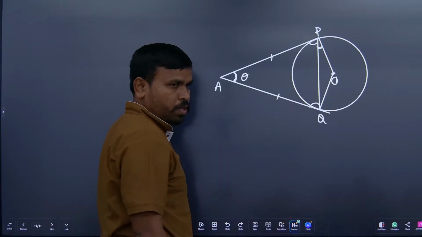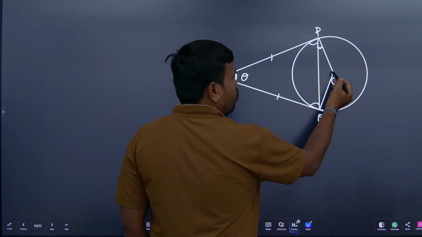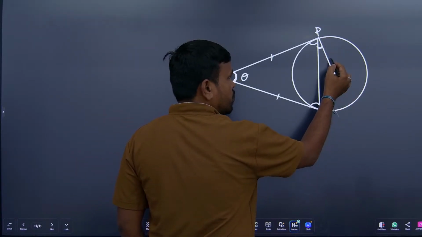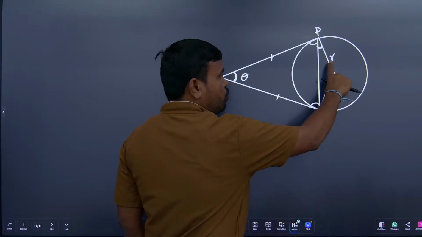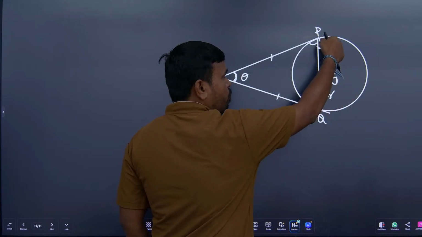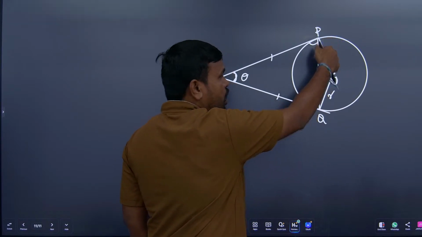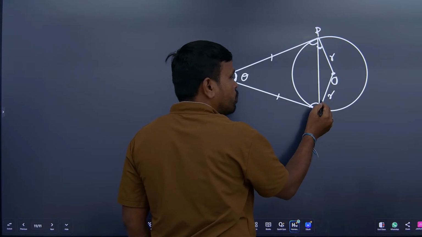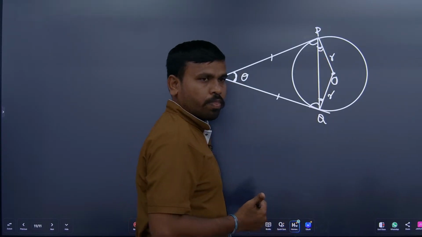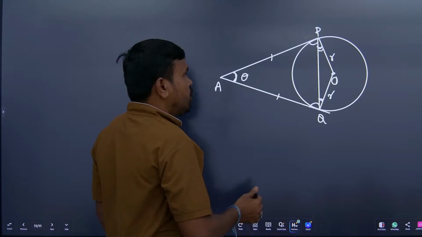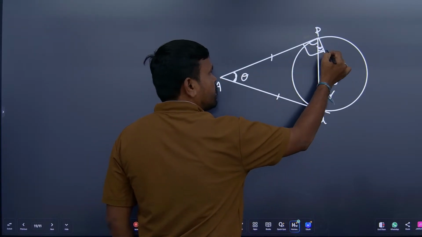Now consider triangle OPQ. These are the two radii, two equal sides, so the angles opposite to the equal sides are also equal. These two angles are equal. Am I clear? The angle between radius and tangent is 90 degrees.